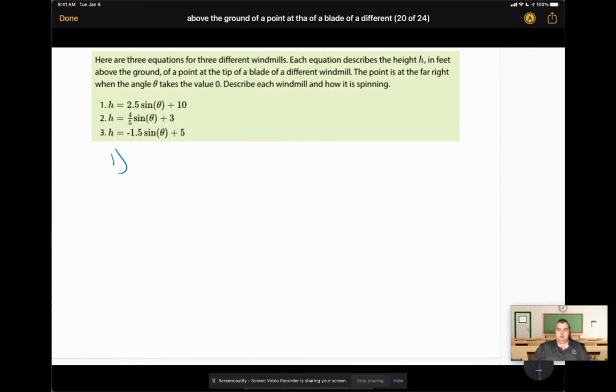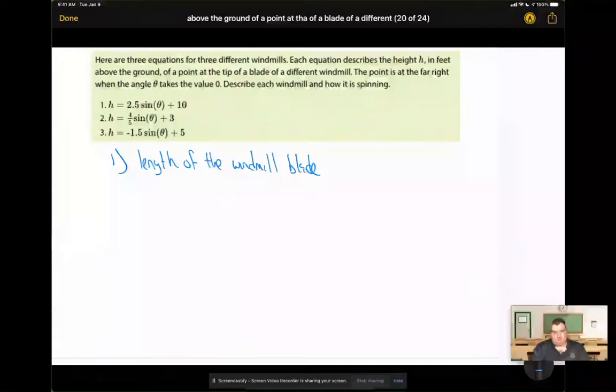So in number 1, the length of the windmill blade is 2.5, and it would be 2.5 feet.